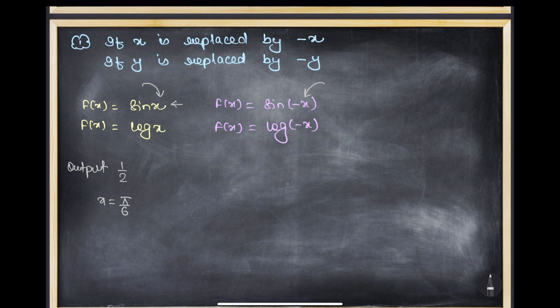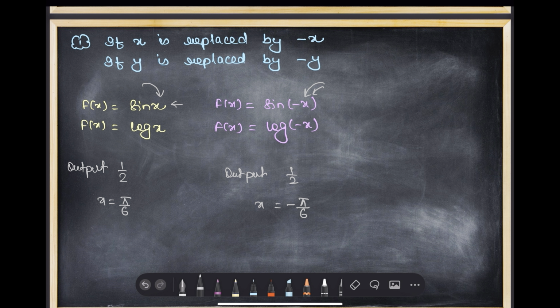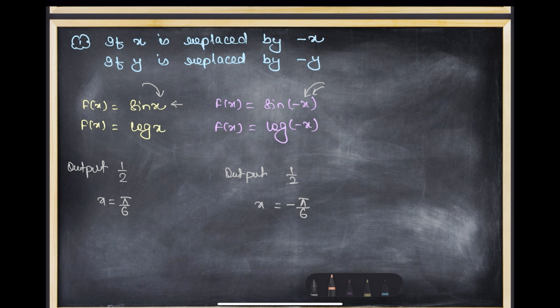Now look at this. For this function, to get output as 1 by 2, we should give input as minus of pi by 6, so that minus of minus pi by 6 becomes pi by 6, and then you get your corresponding output. Now while handling the log function, you are aware that the log x function hits the x-axis at 1 comma 0.